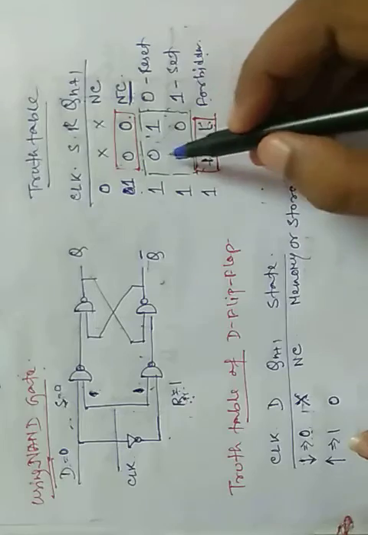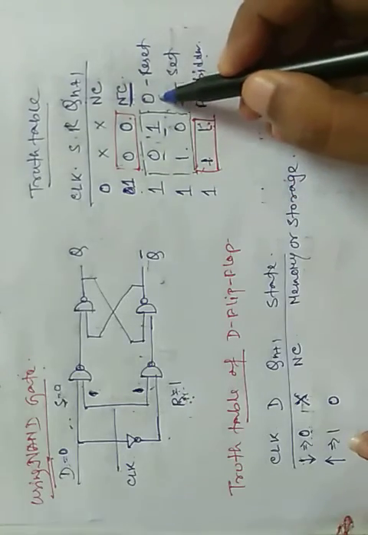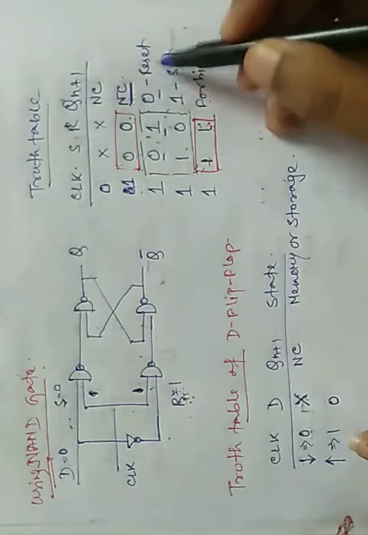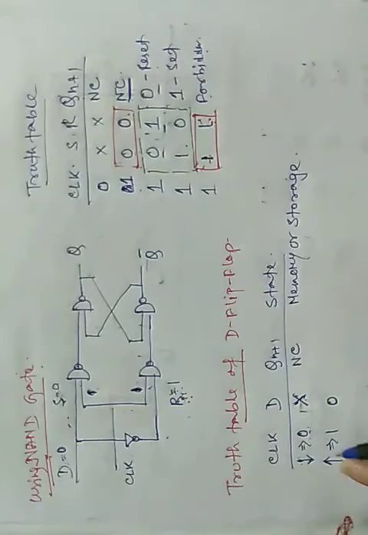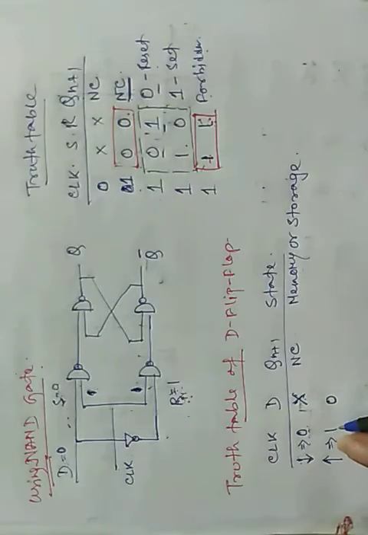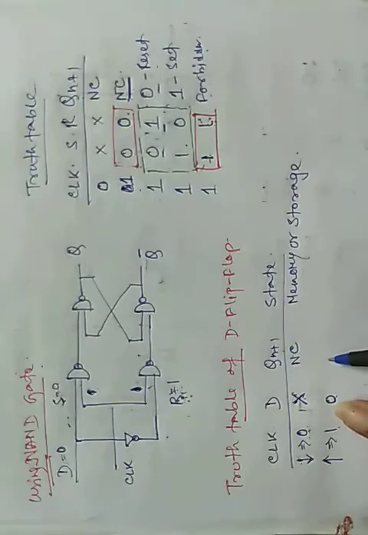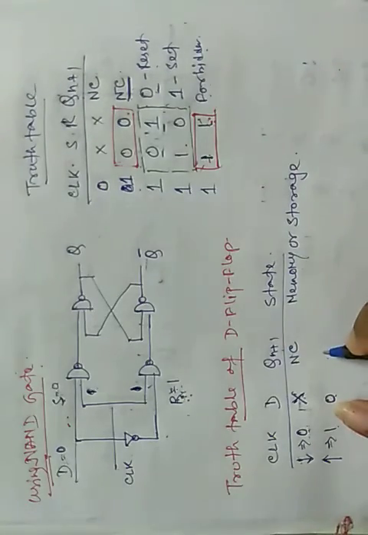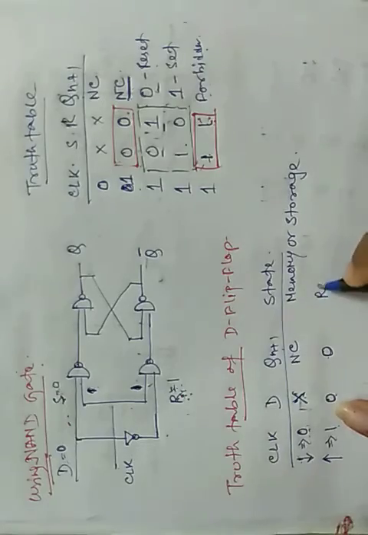Now let us see when S is 0, R is 1, the flip-flop is in 0, that is the reset condition. So when the clock is positive edge triggered or 1, and D is 0, the next state will be 0.